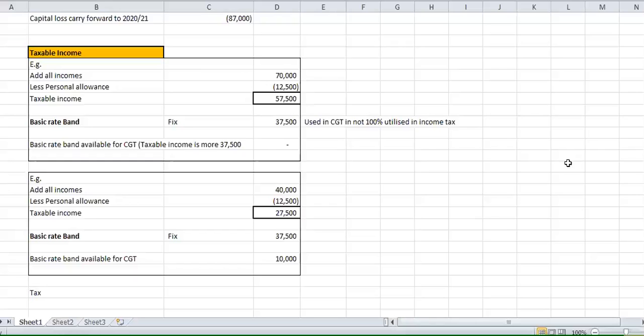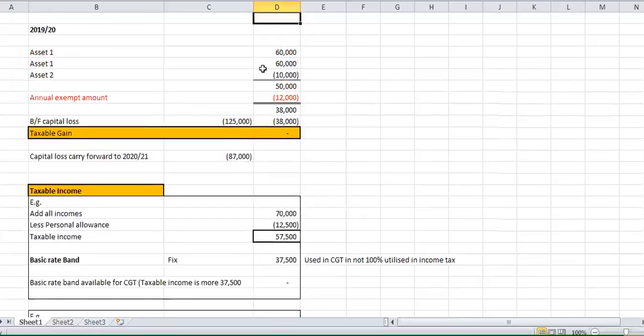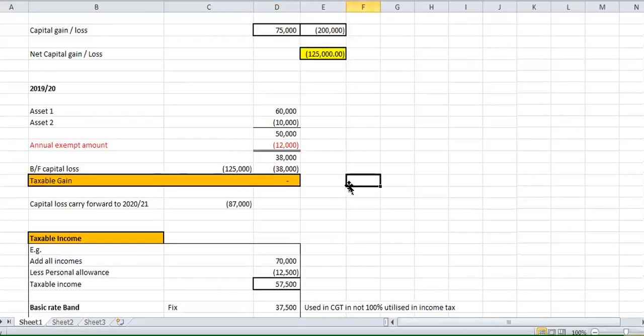Obviously, if you don't have any taxable gain, then you don't need to calculate the unused basic rate band. The basic rate band is relevant when you calculate the tax. If your taxable gains are zero, you don't have to calculate the basic rate band. The basic rate band is a rate of tax. Got it?